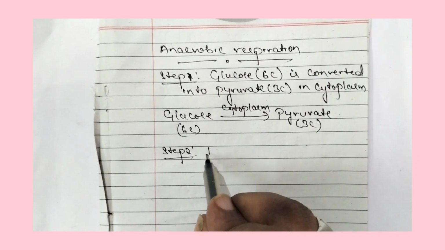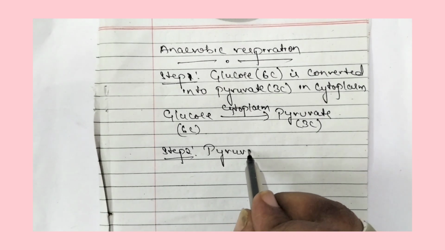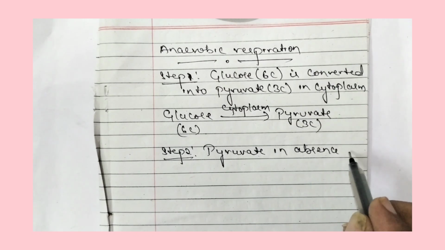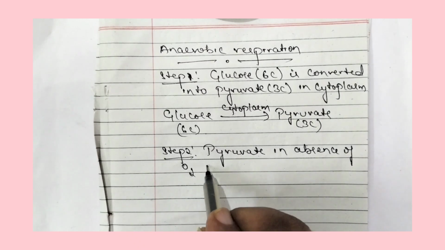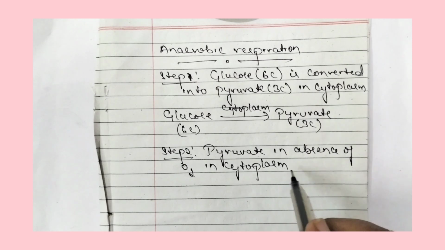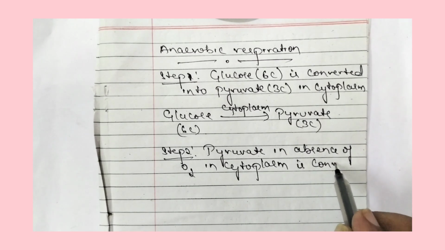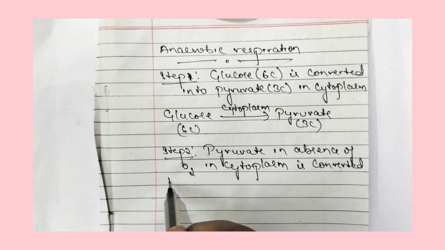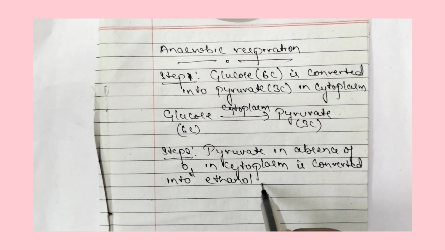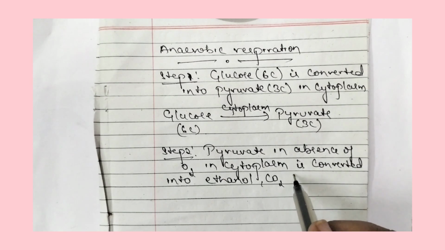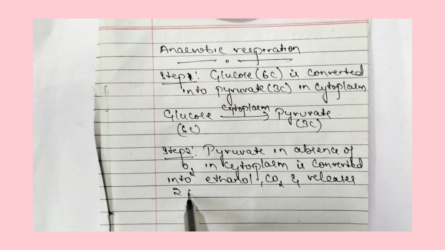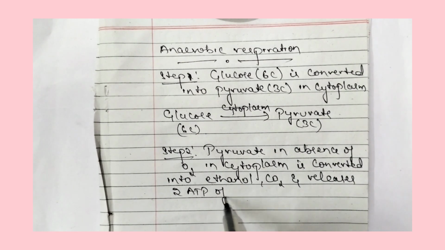In step number 2, pyruvate, which is a 3-carbon compound, in absence of oxygen in the cytoplasm is converted into ethanol, carbon dioxide, and releases 2 ATP of energy.